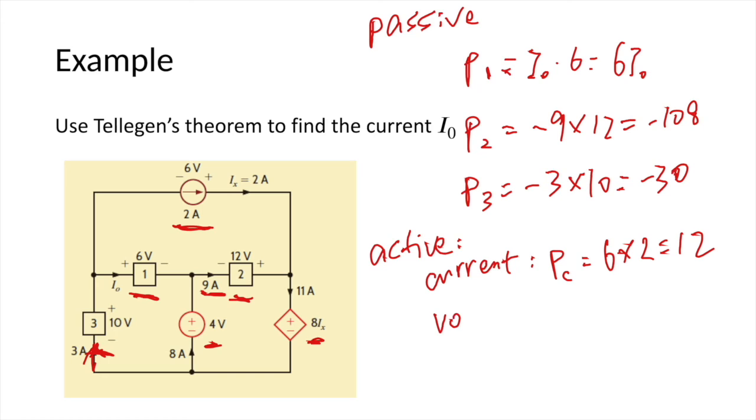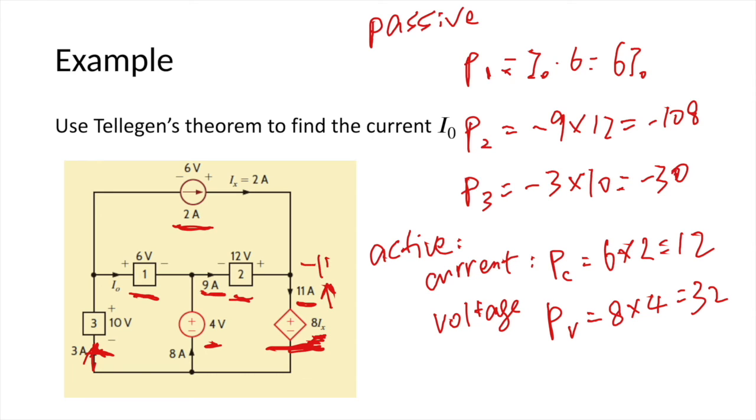For the independent voltage source, it also satisfies the active sign convention. So PV equals 8 times 4 equals 32. And for the dependent voltage source, the current and the voltage do not satisfy the active sign convention, so we reverse the reference direction for the current.